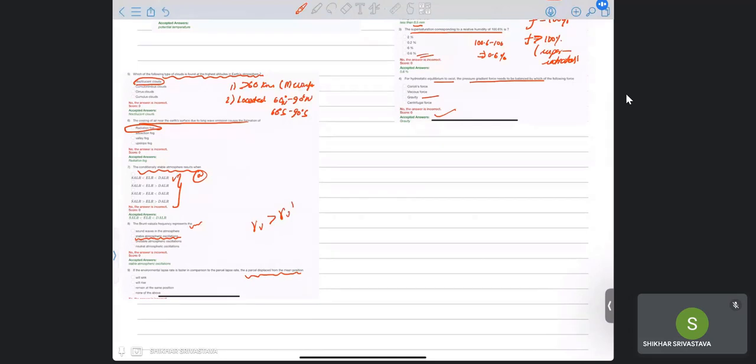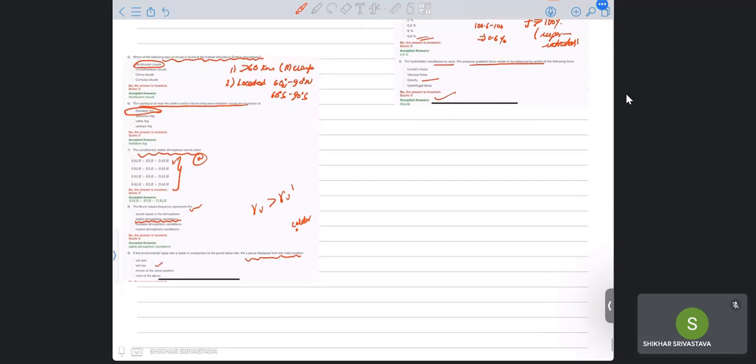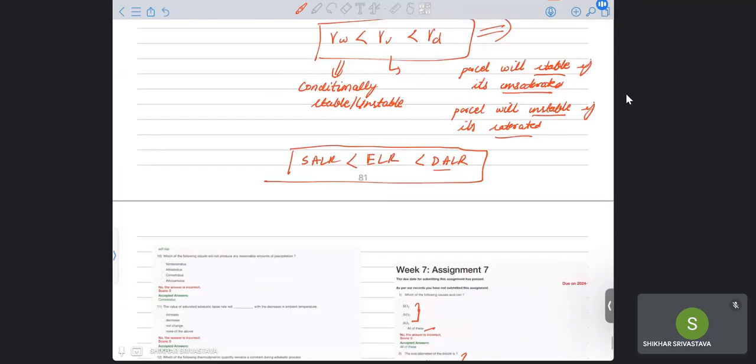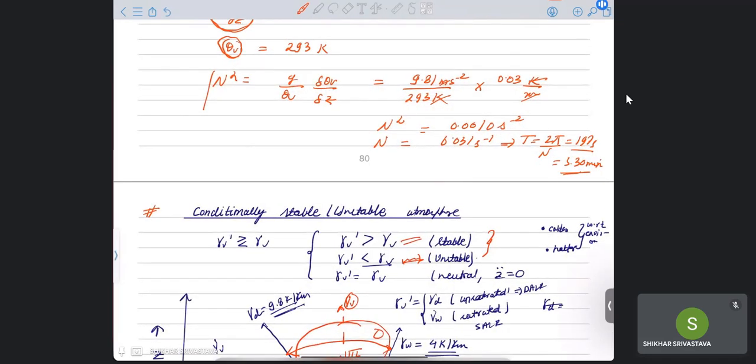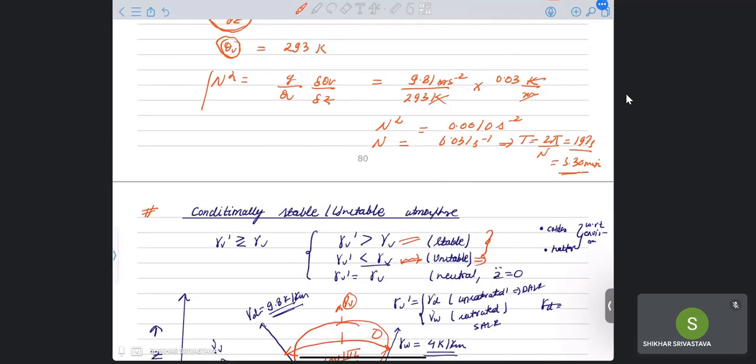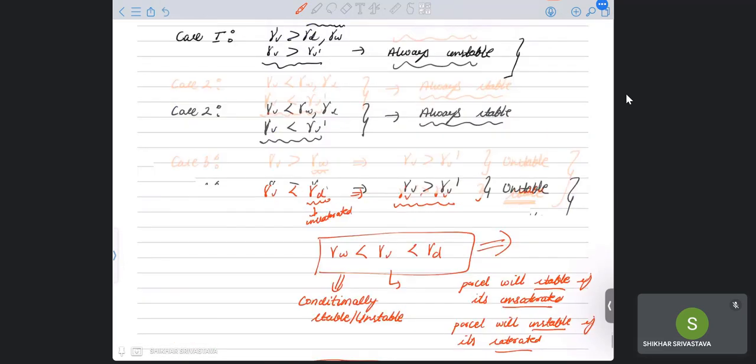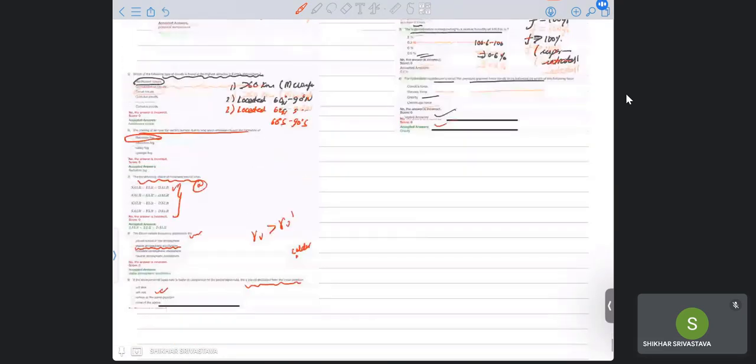If the environment lapse rate gamma is greater than the parcel lapse rate gamma prime, that means that at a particular level, the environment will be colder and the parcel will be warmer. So the parcel will keep rising. So it is an unstable case. If a parcel is displaced, it will keep rising because it is warmer than its environment.